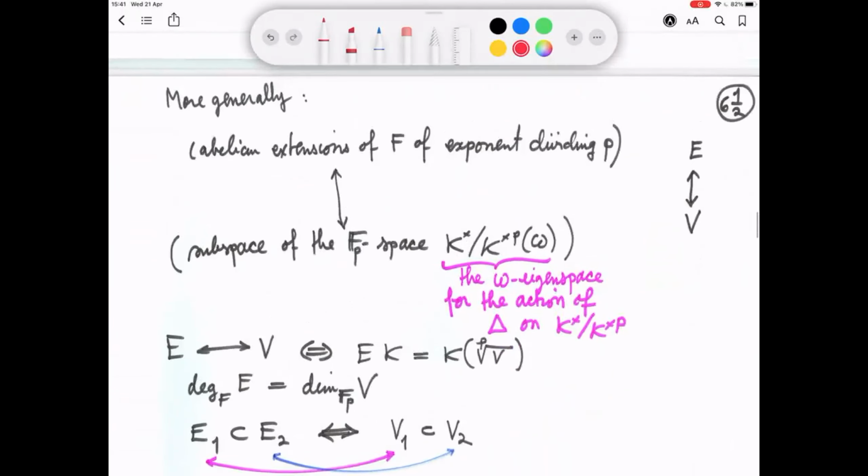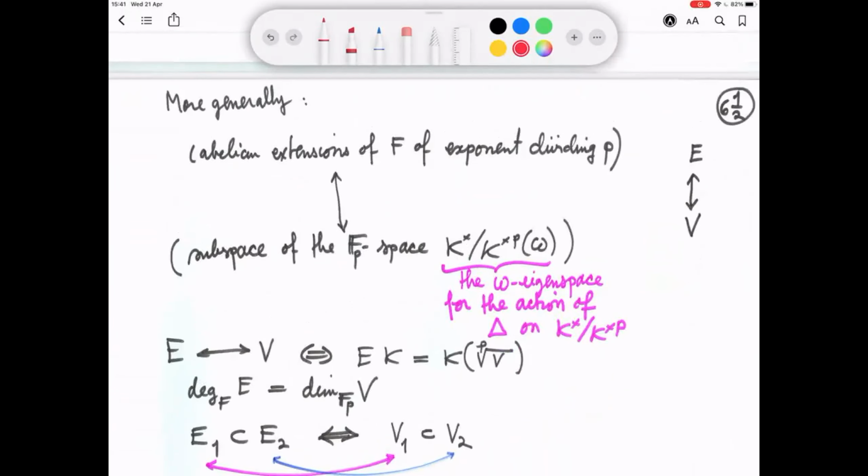So this is a slight generalization. Instead of just looking at cyclic of degree p, I look at any abelian extension of F of exponent dividing p. So cyclic of degree p corresponds to the Galois group being this. Now I'm allowing the Galois group to be Z mod pZ to the n. Maybe one should allow just n, or even infinite.